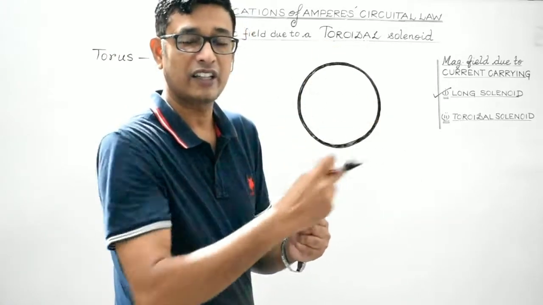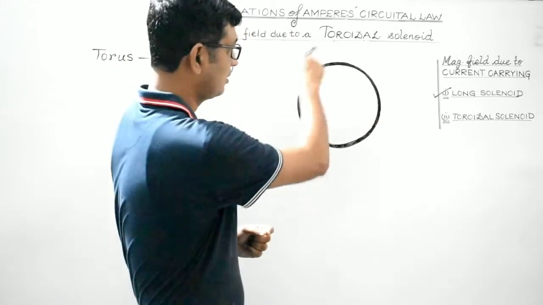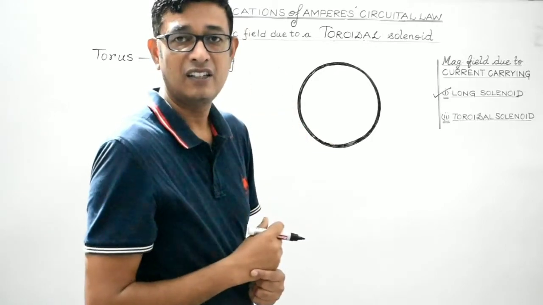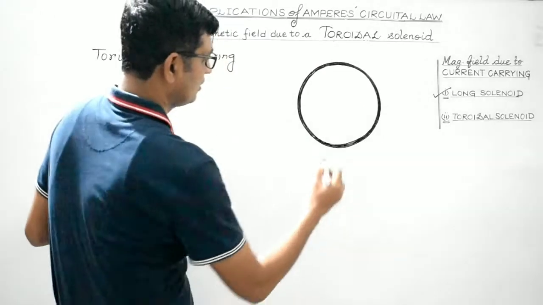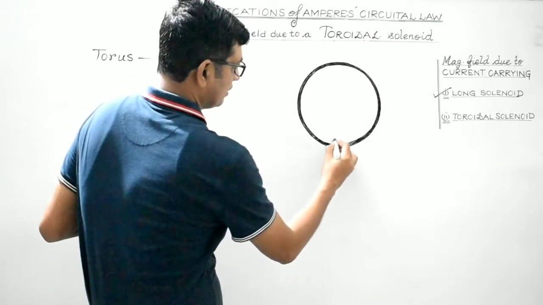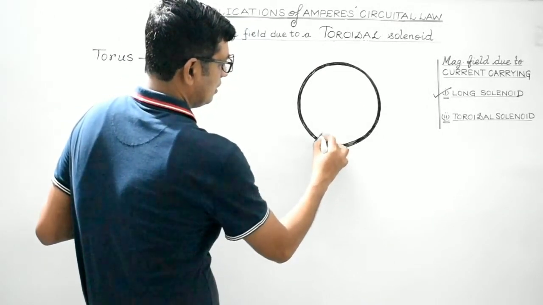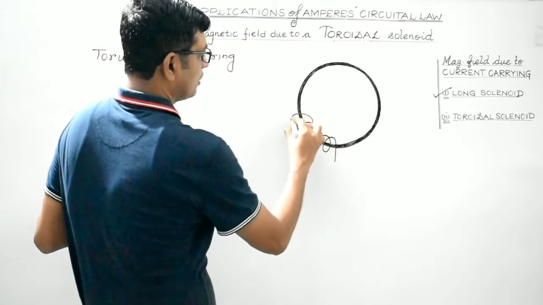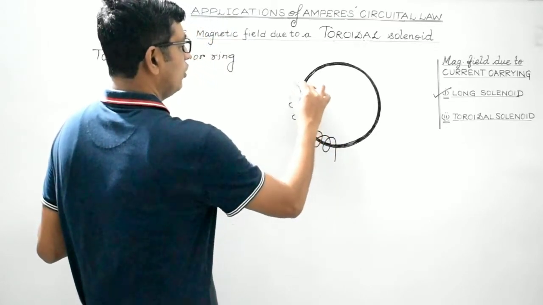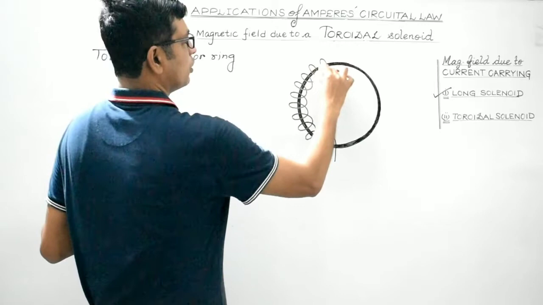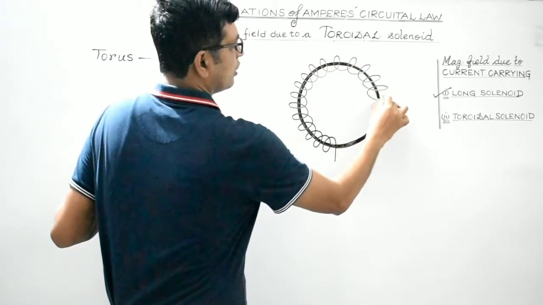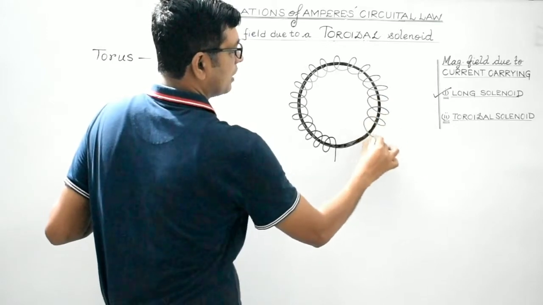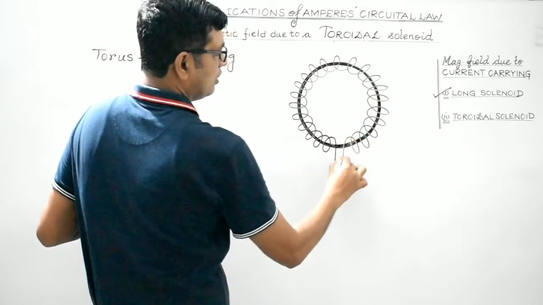It's a supporting anchoring ring, and over it a number of turns of conducting or copper wire is wound like this. These are the turns of conducting wire wound over this supporting ring. So that will become a toroidal solenoid.